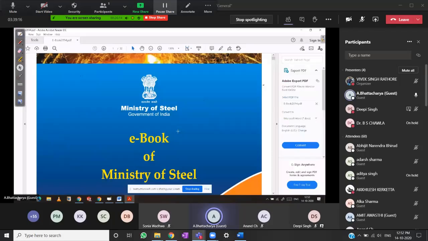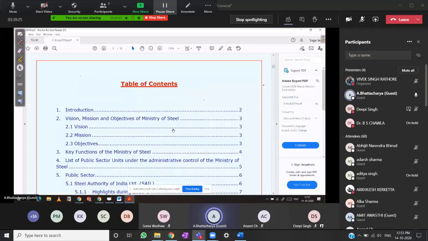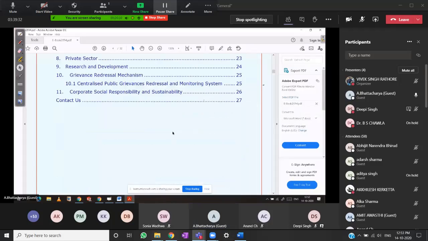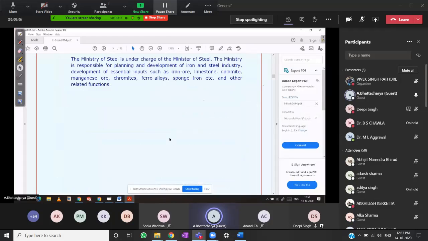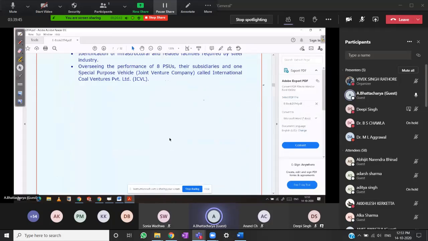Anybody interested can refer to this. So these are the authentic documents. Then another one, I will share all these.